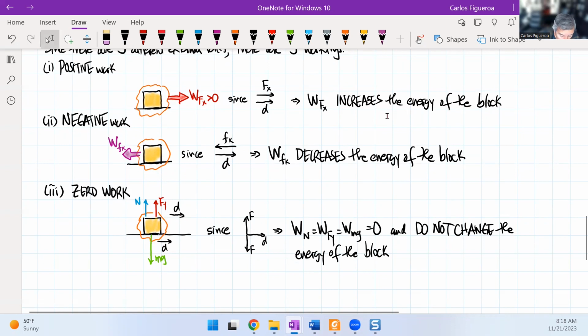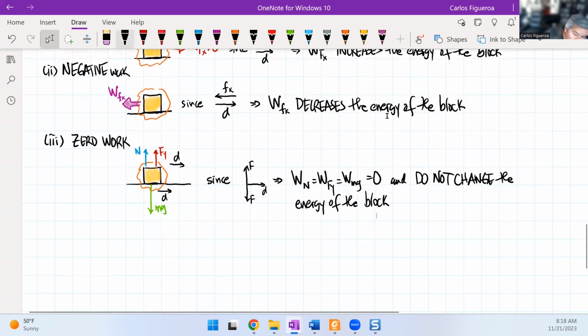So now, what do we know? We have a block. So then I look at the net work.